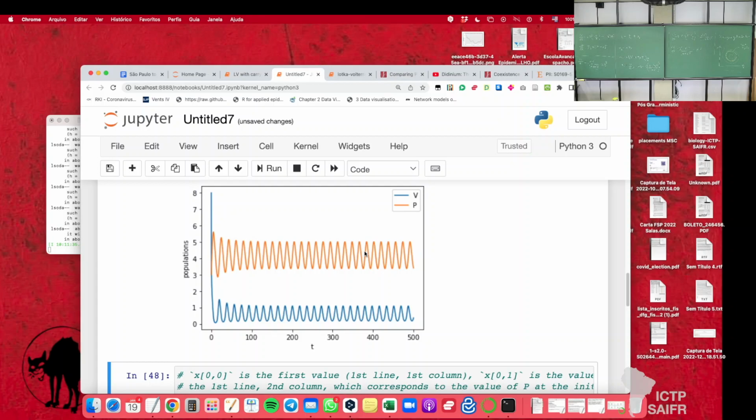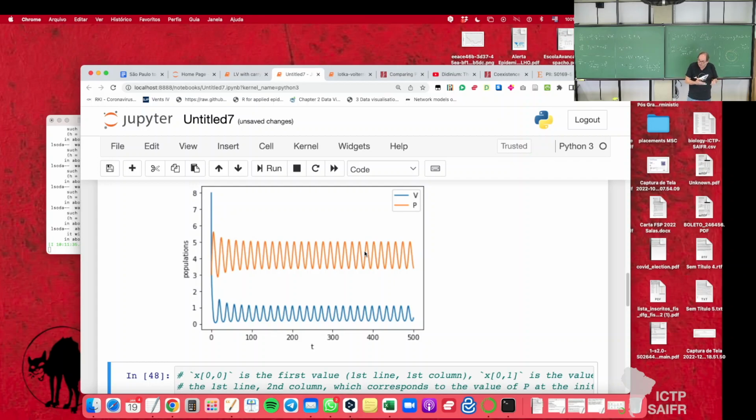So the fact is that this limit cycle will have an amplitude that depends on the carrying capacity. And then think a little bit. We have a certain situation where you could try to do several experiments with different carrying capacities, which you can do with microorganisms, which is not difficult, with different richness of the environment.